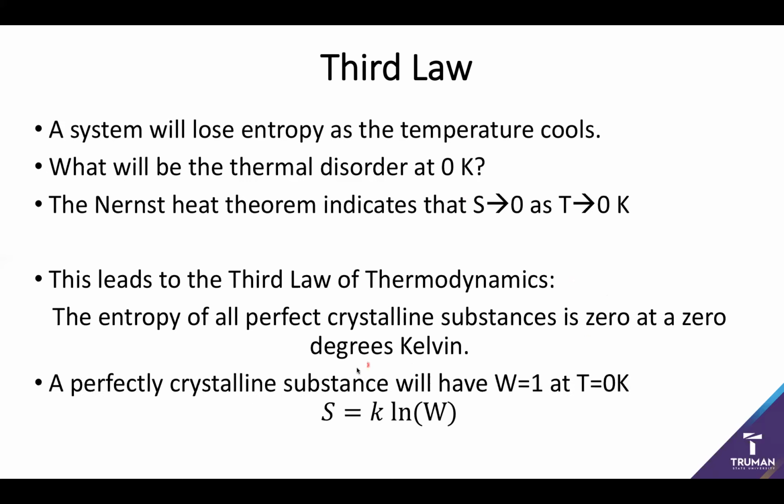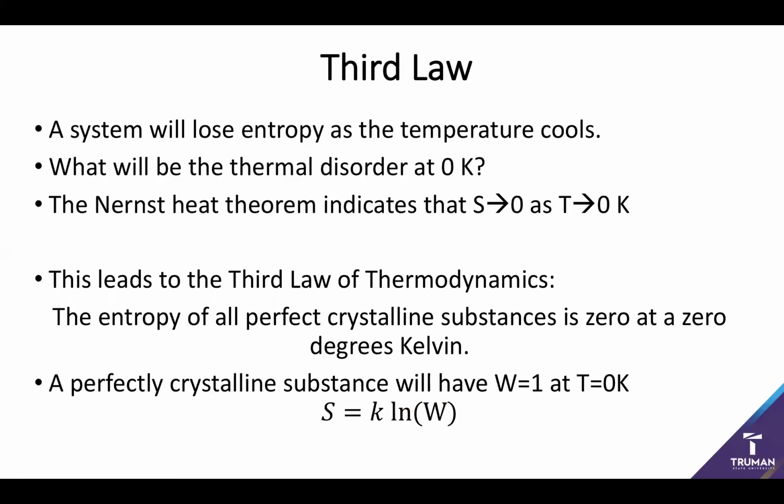What this is really telling us is that if I have a perfect crystalline substance, so this means I have a solid that has a perfect lattice, so it's going to be the lowest energy species, well, then I'm only going to have a single configuration. If I only have a single configuration, then the natural log of that value is going to just be 0. So I have an entropy of 0. And it essentially all comes from the available microstates.